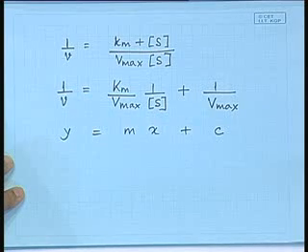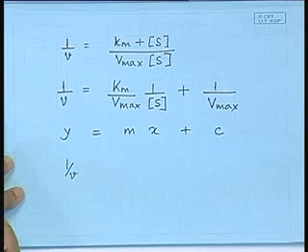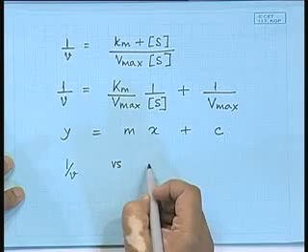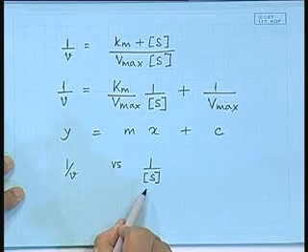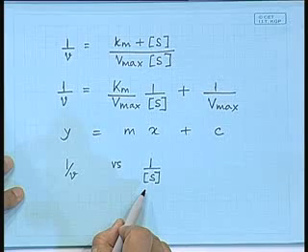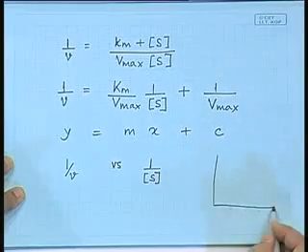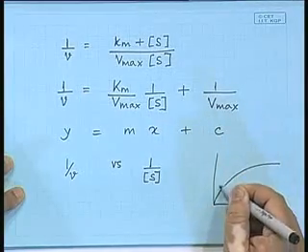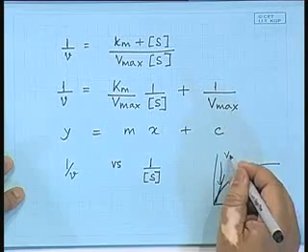Right? So what can I do? If I plot 1 by V versus 1 by S, this is something I know, because I know what substrate concentration I start out with, and I can find out from my curve this initial value for V0.